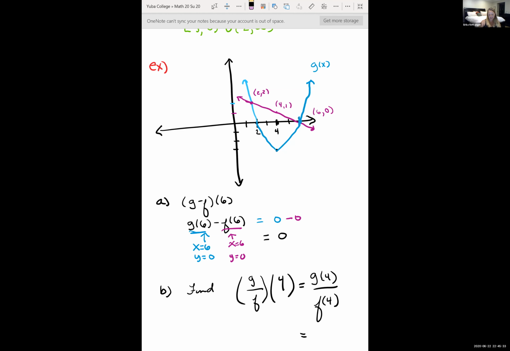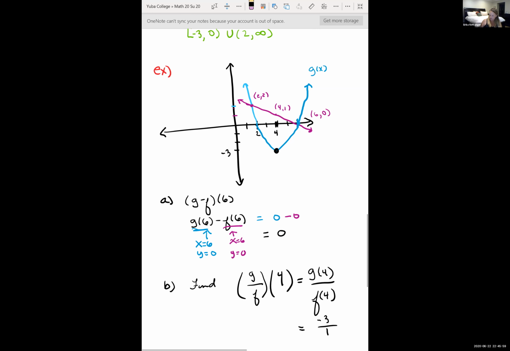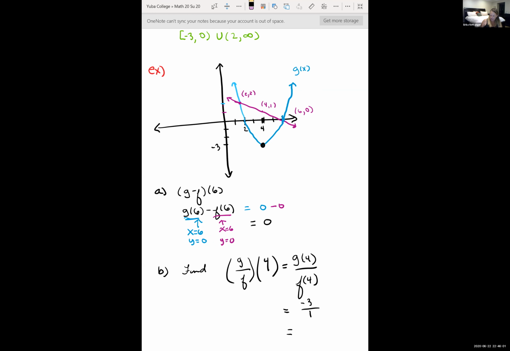So looking at when x is 4, g of 4, which is the blue one, that's -3. But when x is 4, so that's all over, for f of x, which is the pink one, or purple, that's 1. So we get -3 over 1, which is equal to -3.